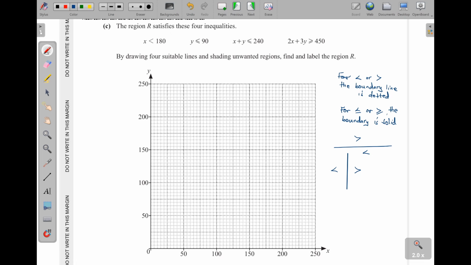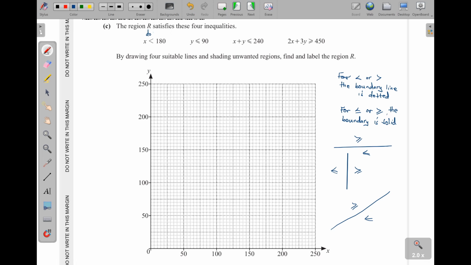So it can be less than or greater than or equal. In fact, let me use or equal since I'm using bold lines. And then for slanting lines, the side above is the greater than, the side below that line is the less than. As simple as that.